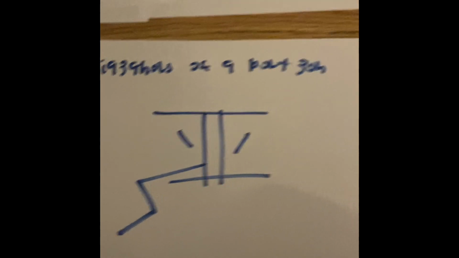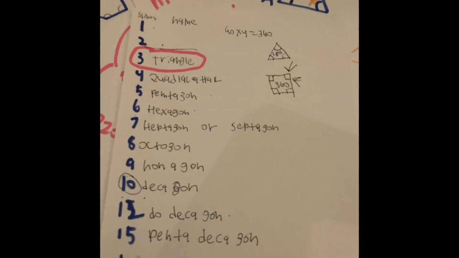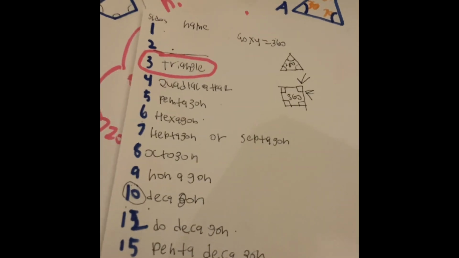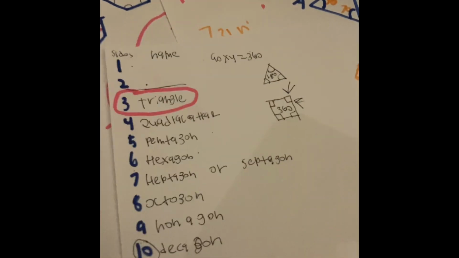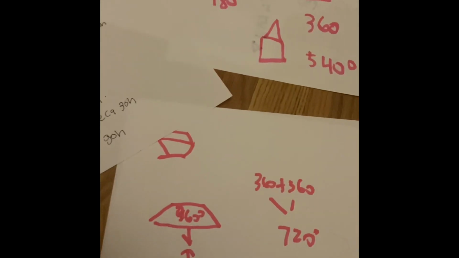In the last video, we looked at all the different names of the shapes and how they relate to the number of sides. We also looked at how many degrees are in the interior of the shape.